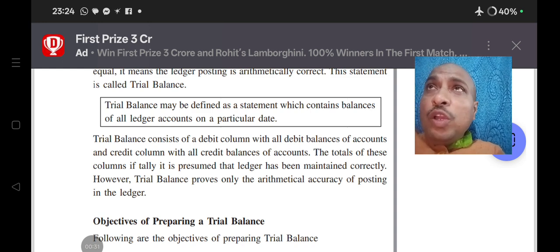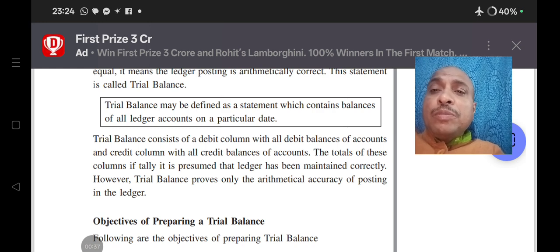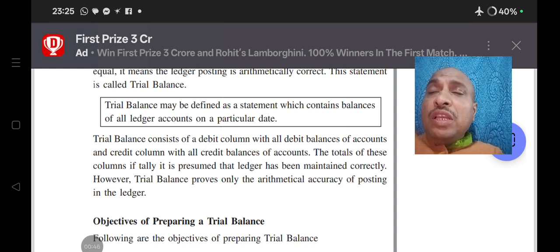For any organization that is involved in some kind of economic activities, they have made certain accounts, and all those accounts have ledger balances. The balances of all those ledgers are put in a statement form called trial balance.